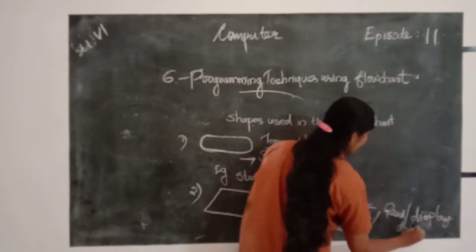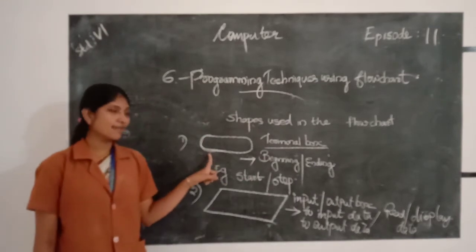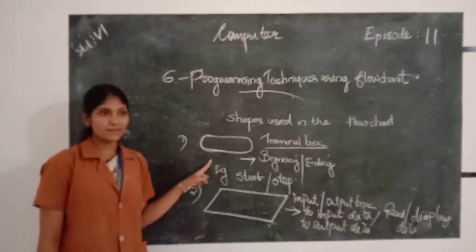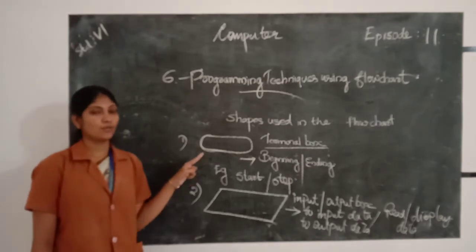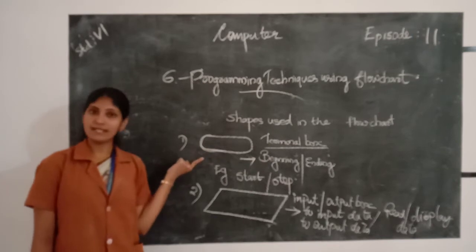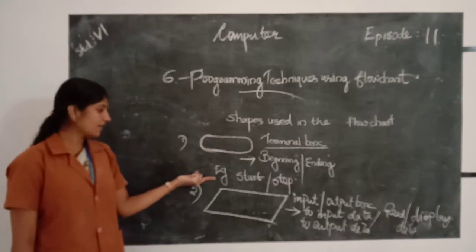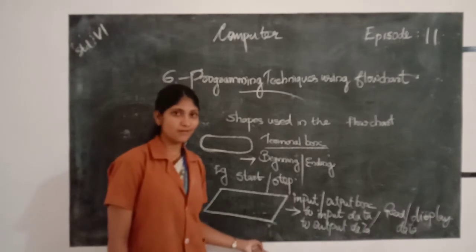Okay, once again, the first step, this is the terminal box, and this represents the beginning or ending of the flowchart. We can write start and stop in this terminal box. Second one is the input or output box.